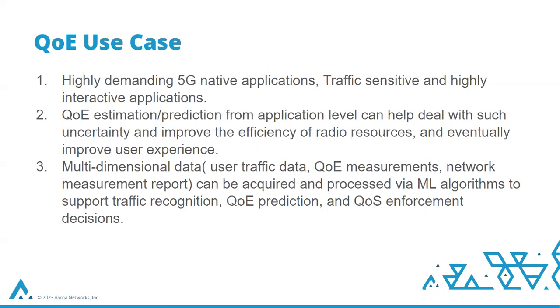That's the whole intention here. We will get the various traffic related data, QoE measurements and network measurements, and that will be fed into the AI/ML algorithms, which in turn analyze how exactly the application is performing. Is it satisfying the needs of the QoE or not? And if not, we can enforce certain policies to achieve the required QoE.